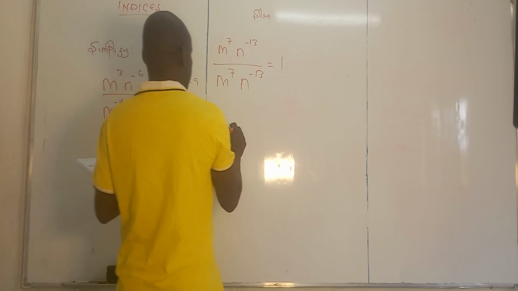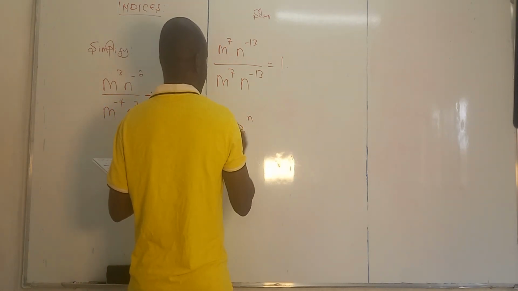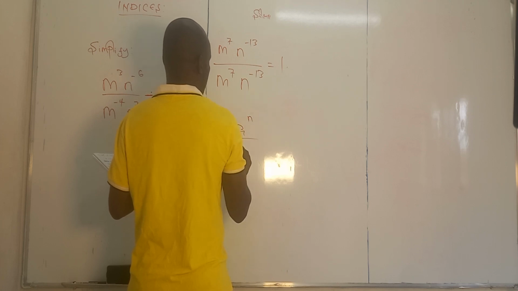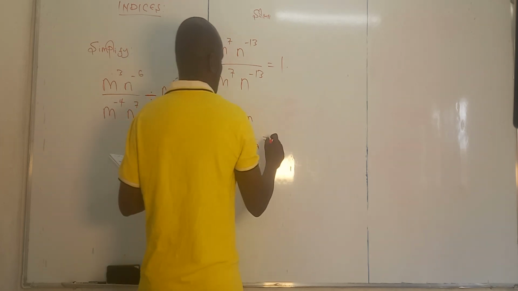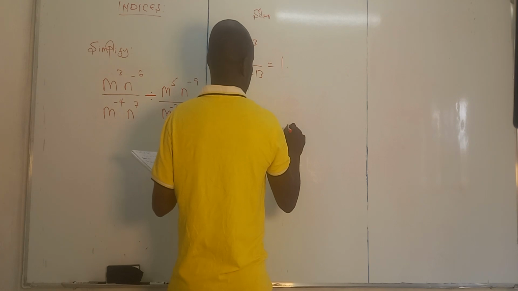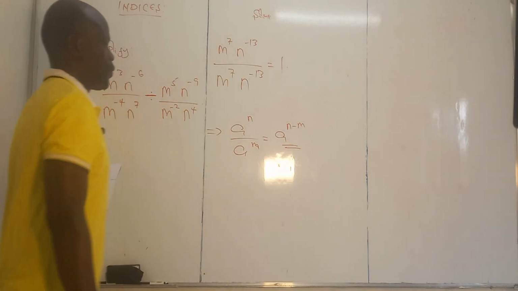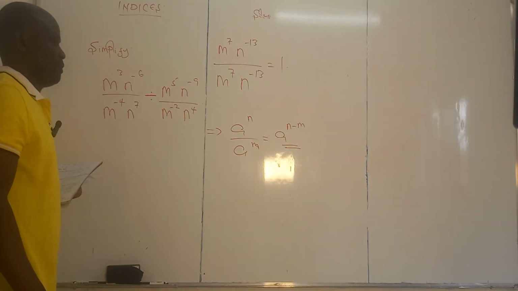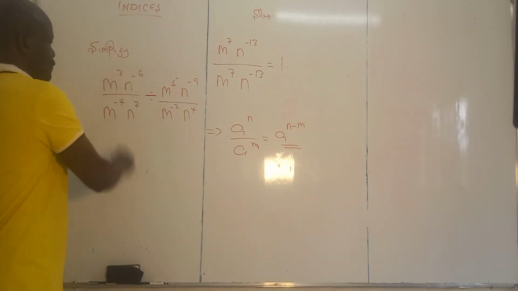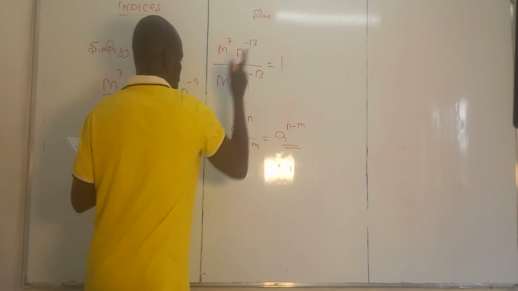Like it says, a raised to power n over a raised to power m is a raised to power n minus m. Now this is the law that we have used. That's the law of indices that I've made use of here. Actually, that's the only law of indices that I've made use of to get to this.